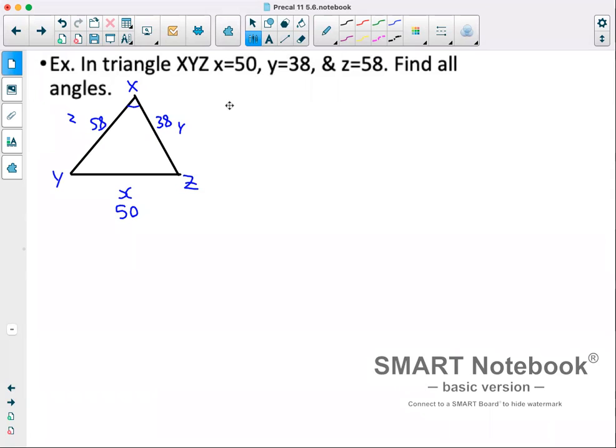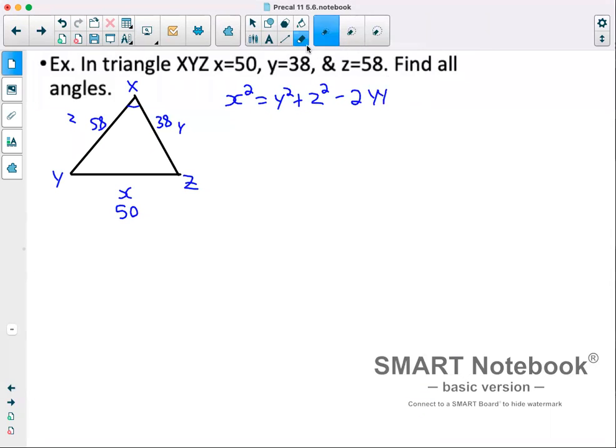Because I'm solving for angle X, I need x at the beginning of my equation. So I've got x squared is equal to y squared plus z squared minus 2yz cos of angle X. Now we are solving for this angle, so we have to gradually move everything out to the other side. I would subtract y squared and z squared from both sides.